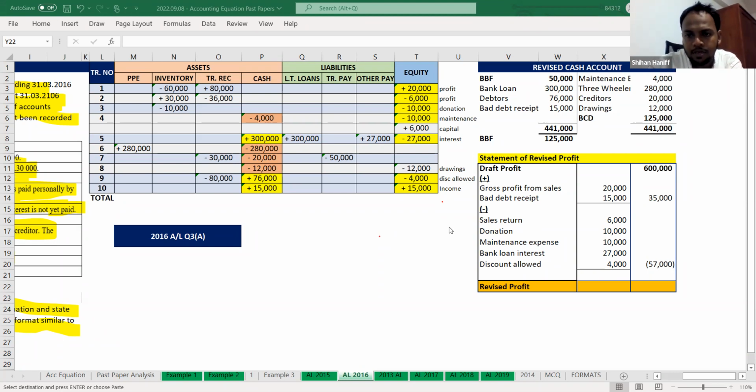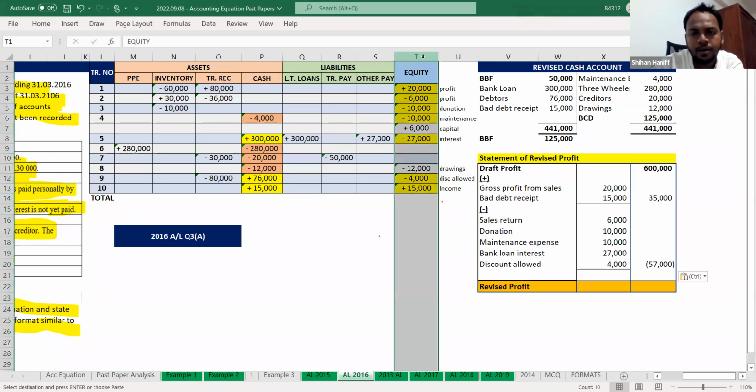There is a question. When we prepare the adjusted statement of profit, do we only consider the equity? Yes, because what will affect the profit? Only income and expenses. So where do you have income and expenses?